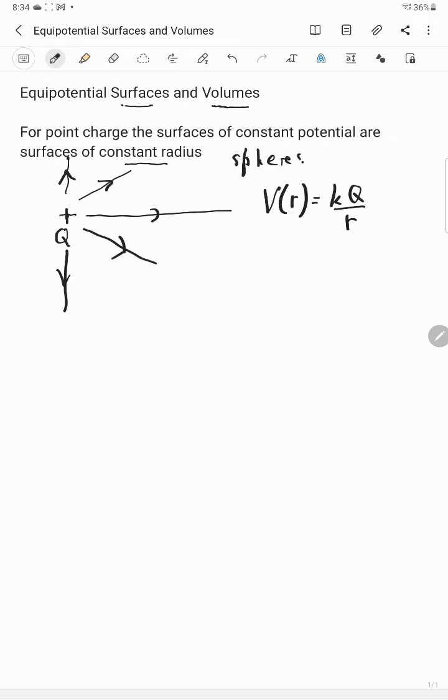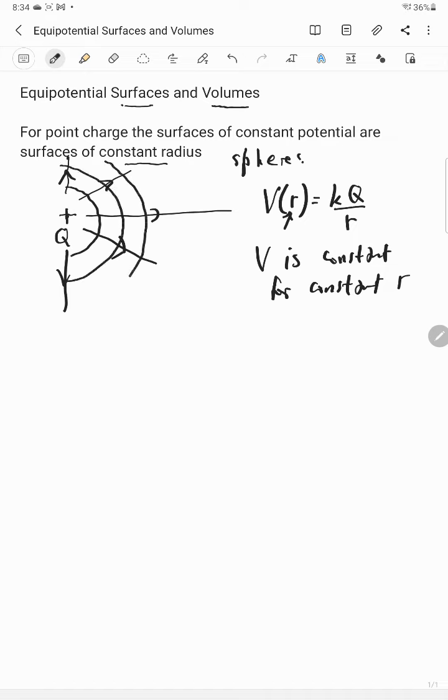So if you consider only staying a certain distance away, a certain radius away from the charge, V is constant for constant R, right? So that's suggesting that here are these spherical surfaces.